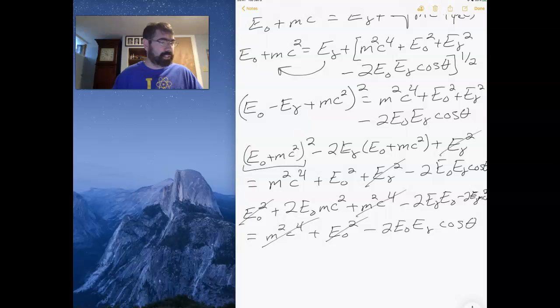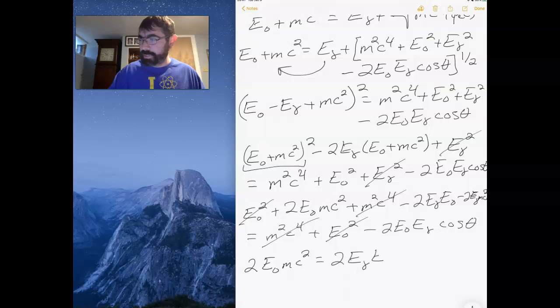I can bring all of the E's over to one side, and so I would have 2 E initial mc squared is equal to 2 E gamma E initial plus 2 E gamma mc squared minus 2 E initial E gamma cosine theta.